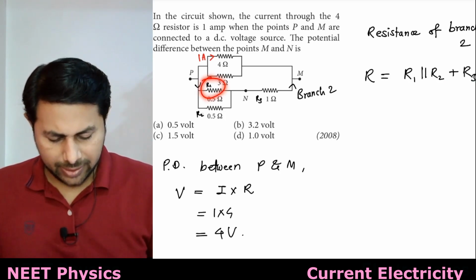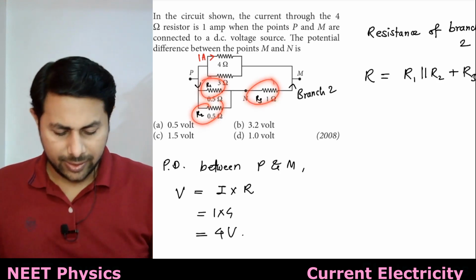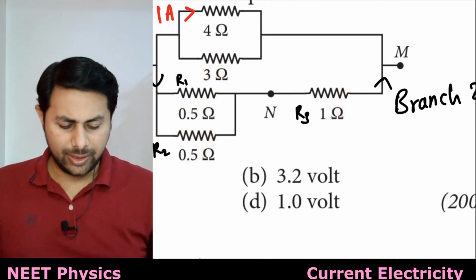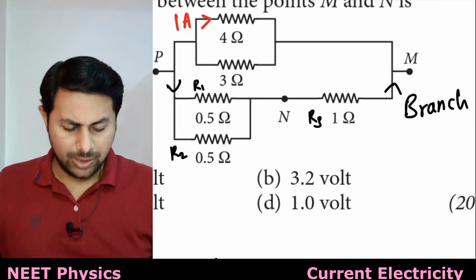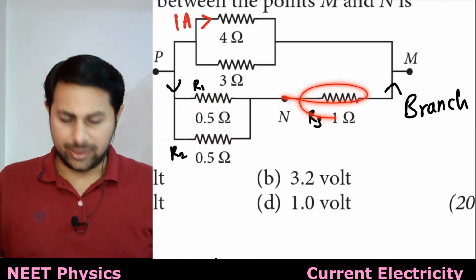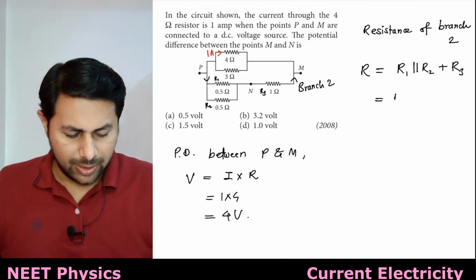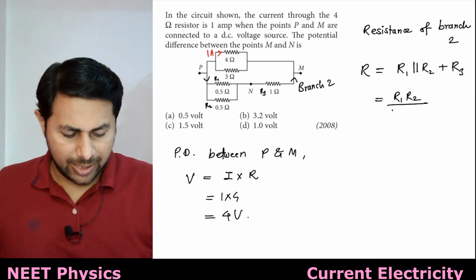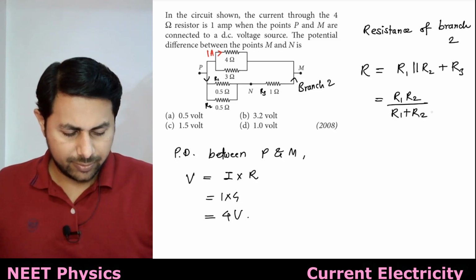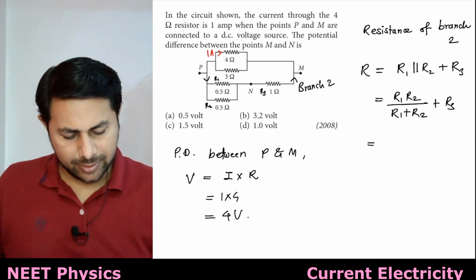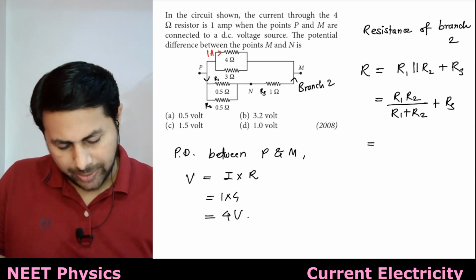This is R1, this is R2, this is R3. R1 is in parallel with R2 and then R3 is in series. So this is R1 R2 divided by R1 plus R2, plus R3. So what's that? So it is 0.5, 0.5.